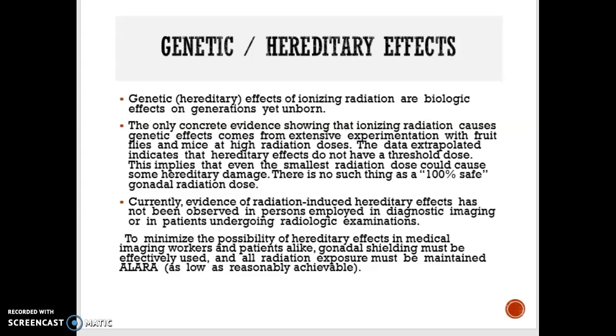Currently, evidence of radiation-induced hereditary effects has not been observed in persons employed in diagnostic imaging or in patients undergoing radiological examinations. In order to minimize the possibility of hereditary effects in medical imaging workers and patients alike, gonadal shielding must be used effectively, and all radiation exposures must be maintained at low doses, as low as reasonably achievable.